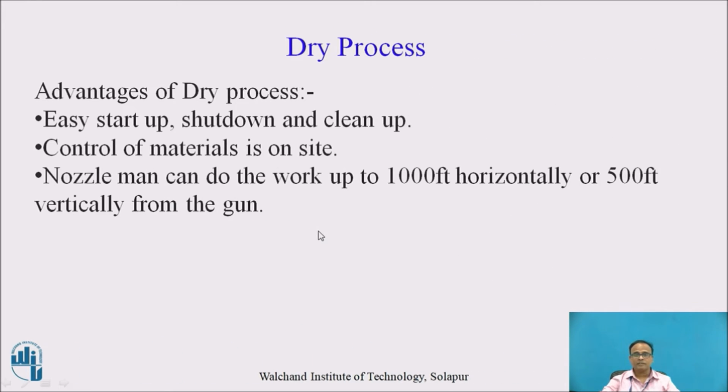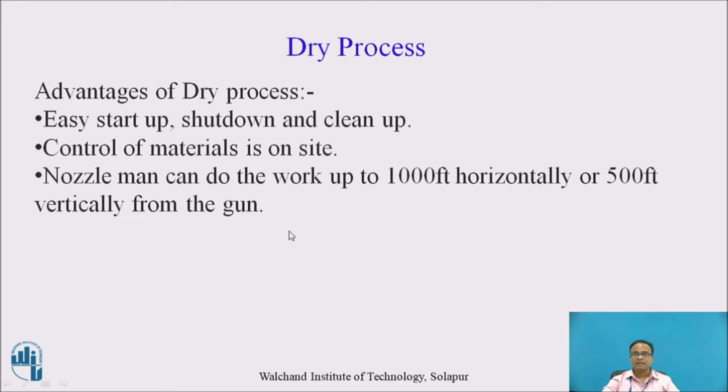So what are the advantages of dry process? It is easy to start up and shut down and clean up. Control of materials is on site. Nozzle man can do the work up to 1000 feet horizontally or 500 feet vertically from the gun.